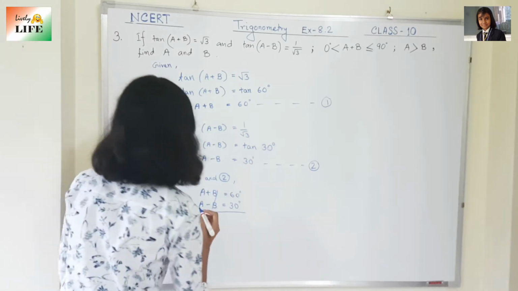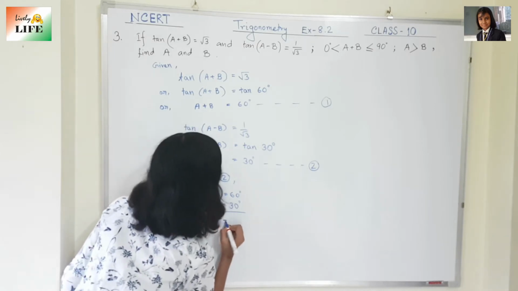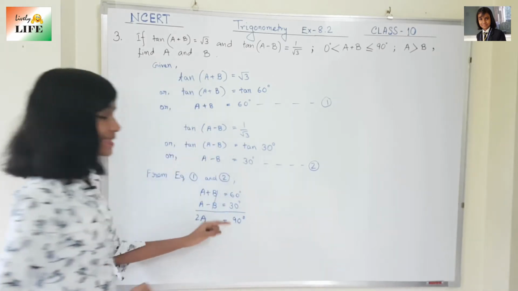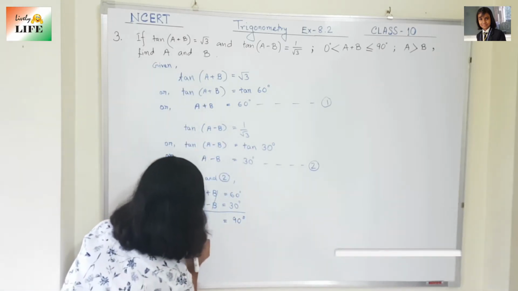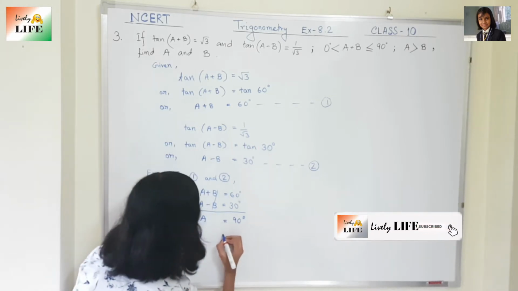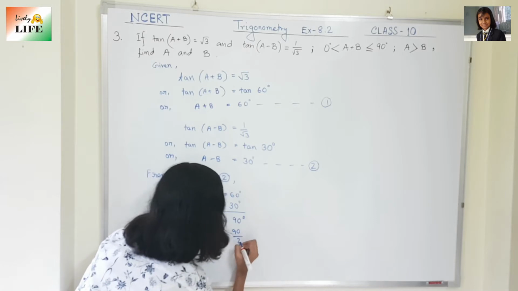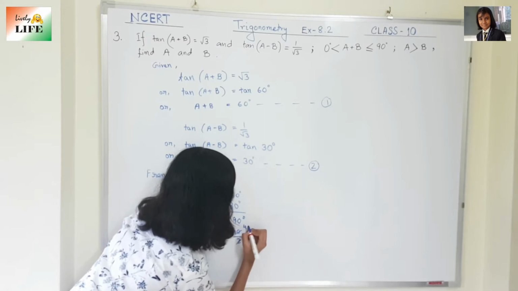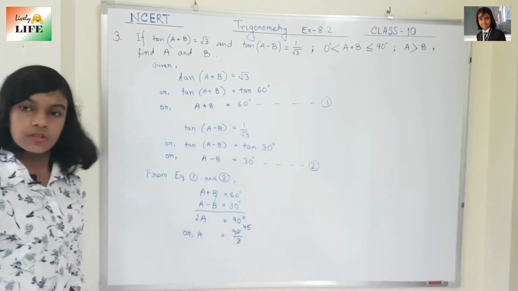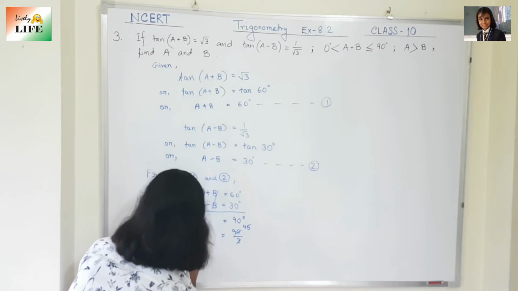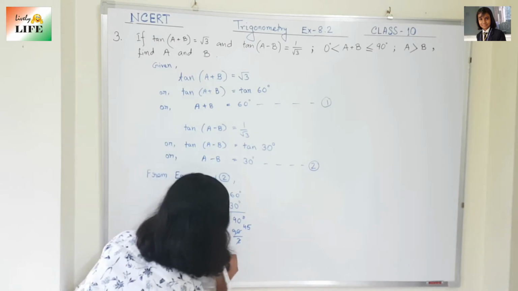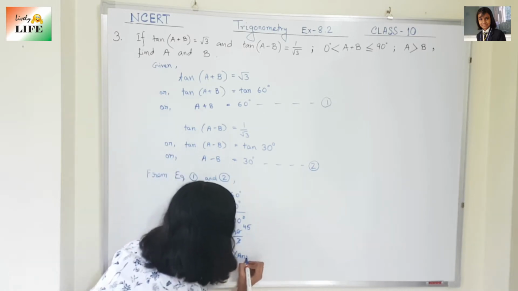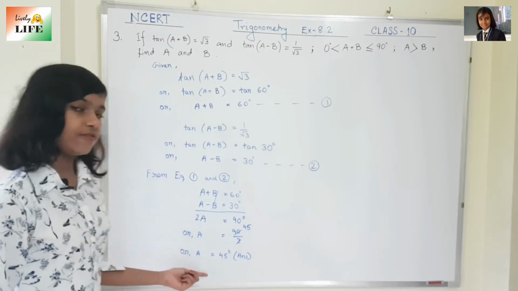Now a plus a is equal to 2a and 60 plus 30 is 90. So 2a is equal to 90 degree, or a is equal to 90 by 2, right? Okay, 45, or a is equal to 45 degree. We have got the value of a.